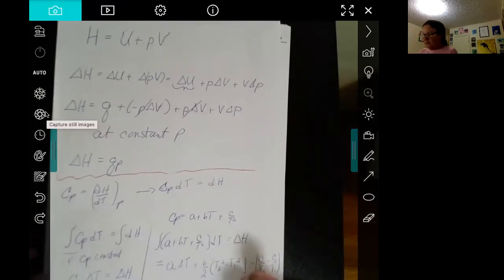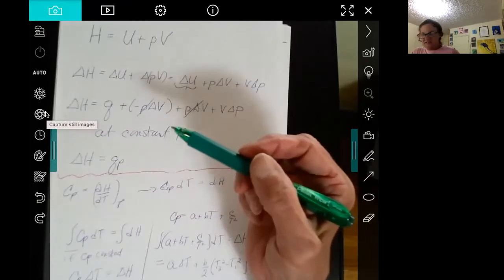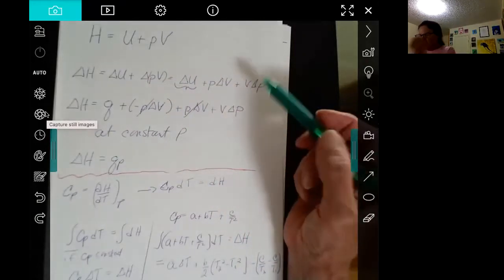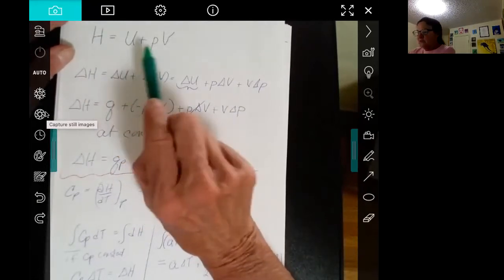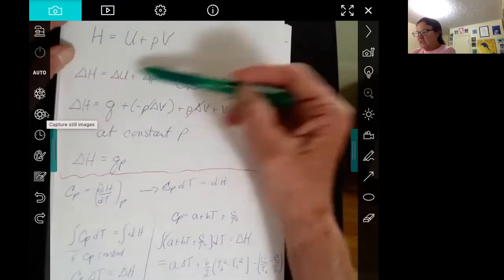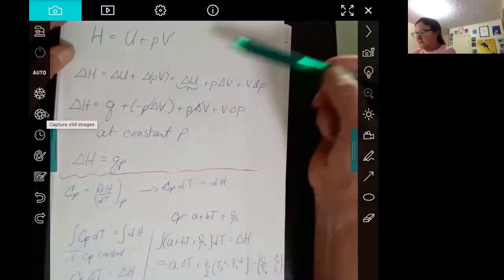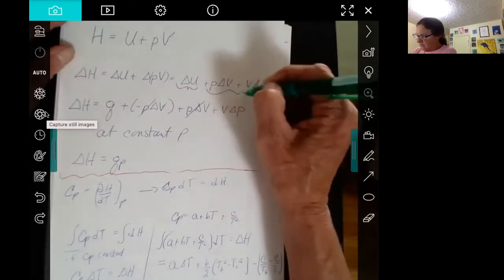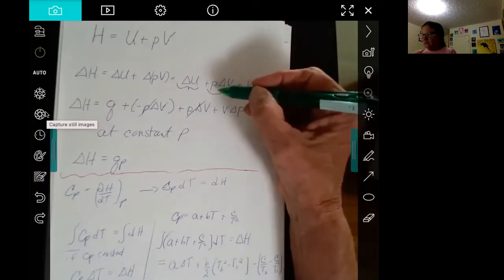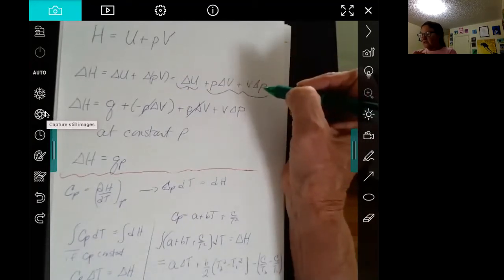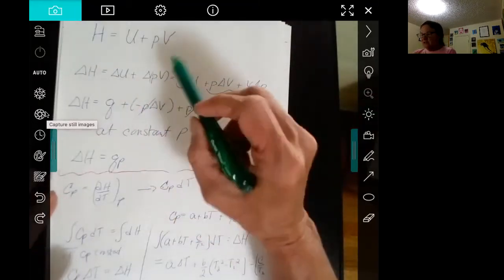So we want to think about why that key point is true, that the heat transferred at constant pressure is equal to delta H. And so if we start out with our definition of enthalpy equals U plus PV, and then we think about changes, change in enthalpy would be change in U plus change in PV. A change in PV can be expanded because if they're all state functions, you could change volume first, holding pressure constant, and then change pressure holding volume constant, or you could change them simultaneously, but it doesn't matter.